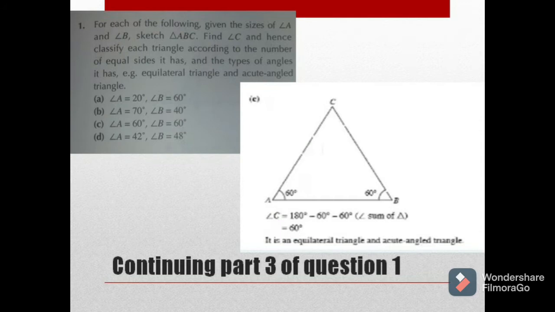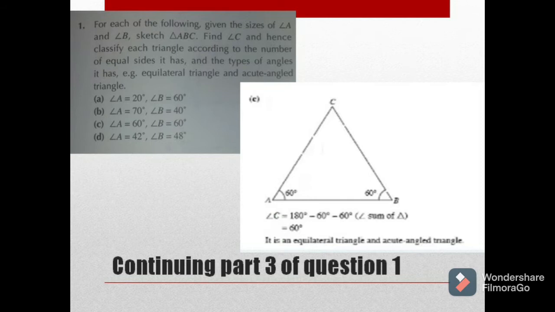We have to follow the same steps, and let me read the part. It says that angle A is equal to 60 degrees and angle B is equal to 60 degrees. As I noticed, I hope you have also noticed that both of the angle values are the same. I followed the same steps done in parts 1 and 2. I subtracted both values from 180 degrees and I got the answer as 60 degrees.